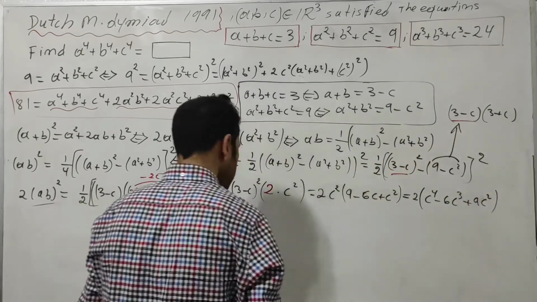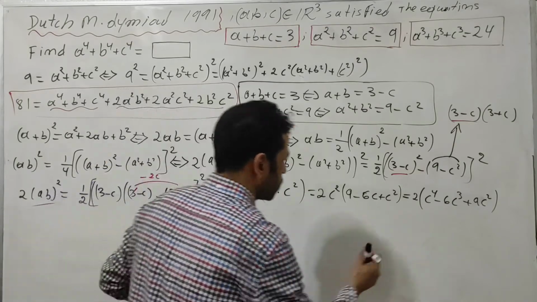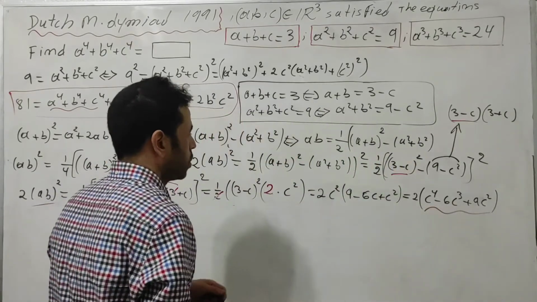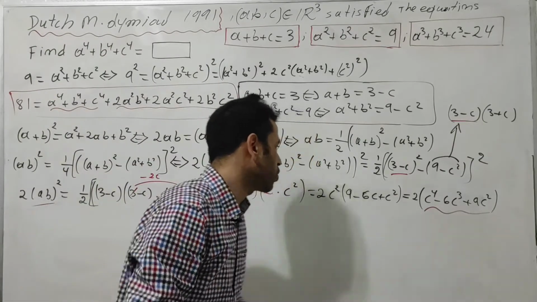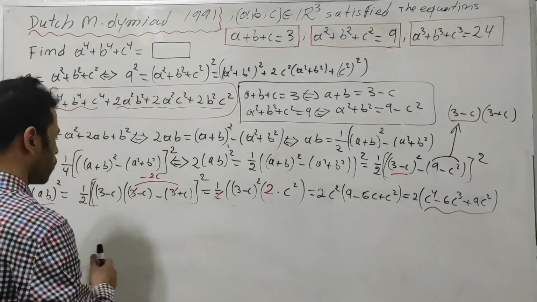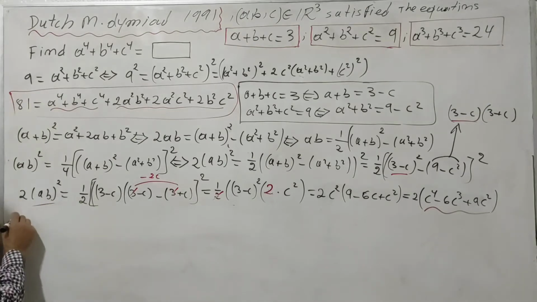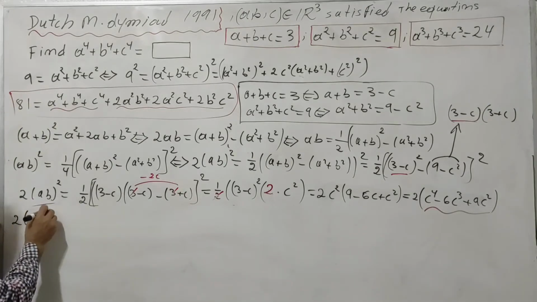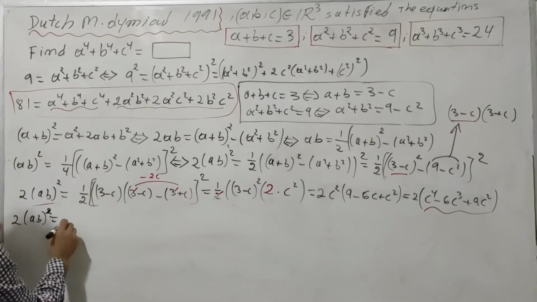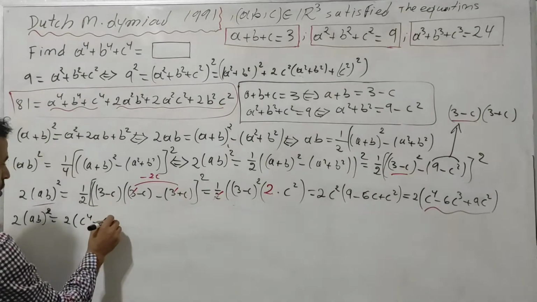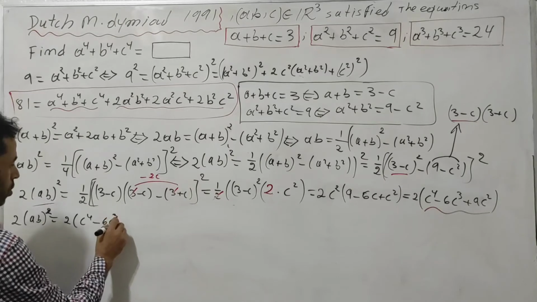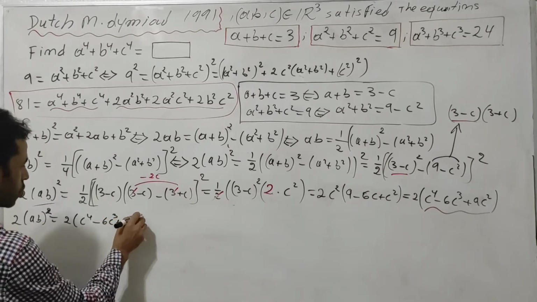So if you take a look at these terms I did here, I transferred AB in terms of C. This is the first term. As you see here, we have 2 times AB squared equal to 2 times C to the 4th minus 6C cubed plus 9C square.